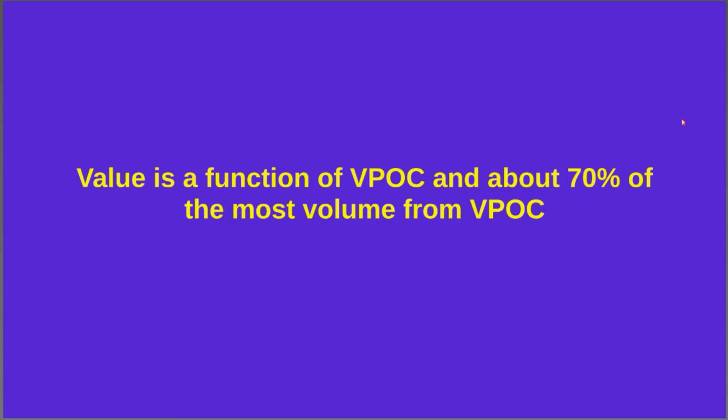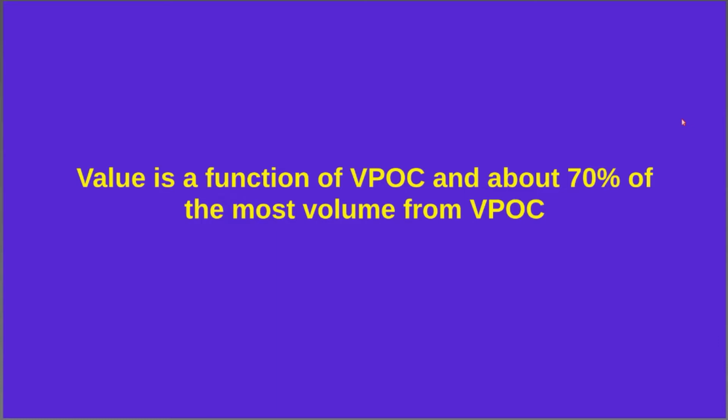Volume point of control represents the most volume at a price, and then it simply finds the next prices above and below that have the most volume, until it captures 68.2 or 70% of the overall range. It identifies the 70% from volume point of control that represents the highest volume bars.